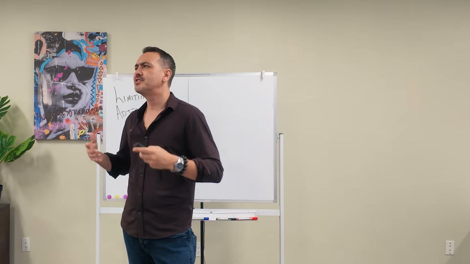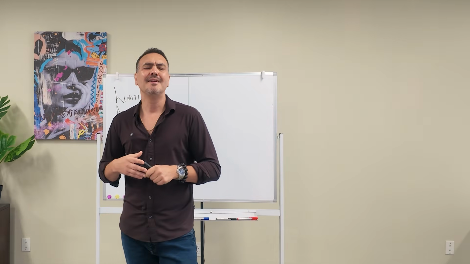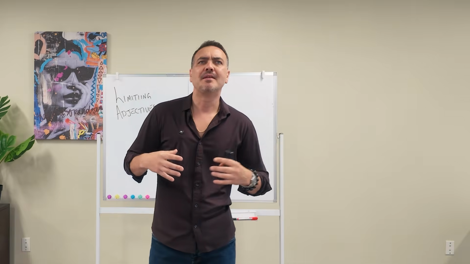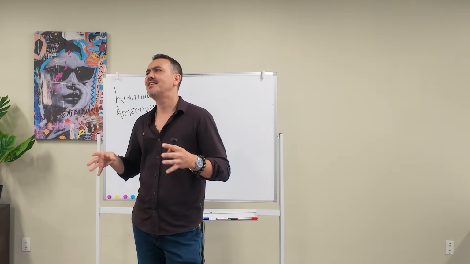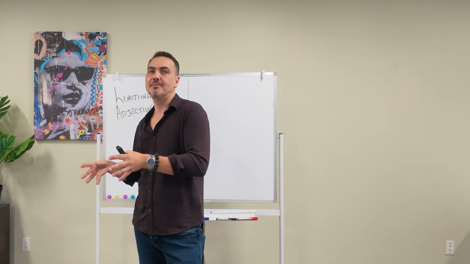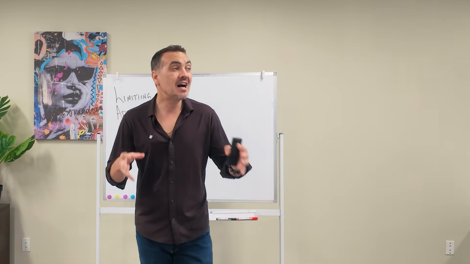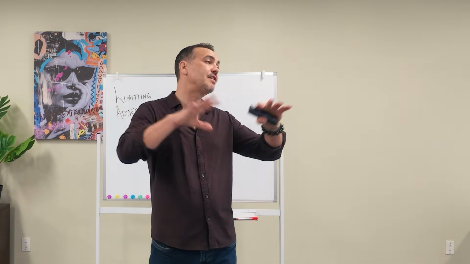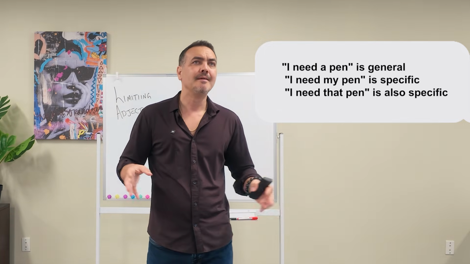So why do we call them limiting? The name makes sense once you understand the function. These adjectives limit or restrict the meaning. They narrow down which specific noun we're talking about. I need a pen. That's just very general. It could be any pen.